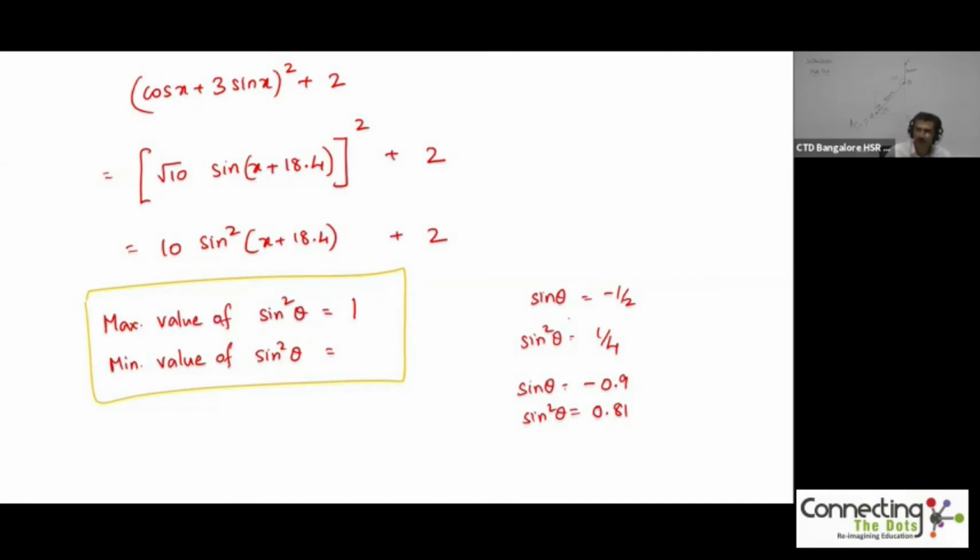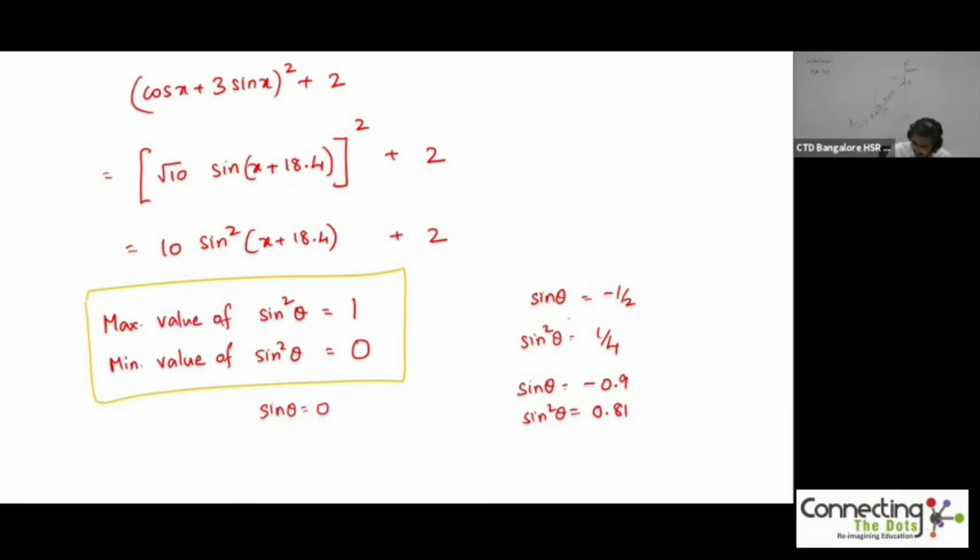So the minimum value of sine square theta can be when sine theta is 0. You can't think of anything lower than that for sine square theta, can you? What if sine theta is 0?